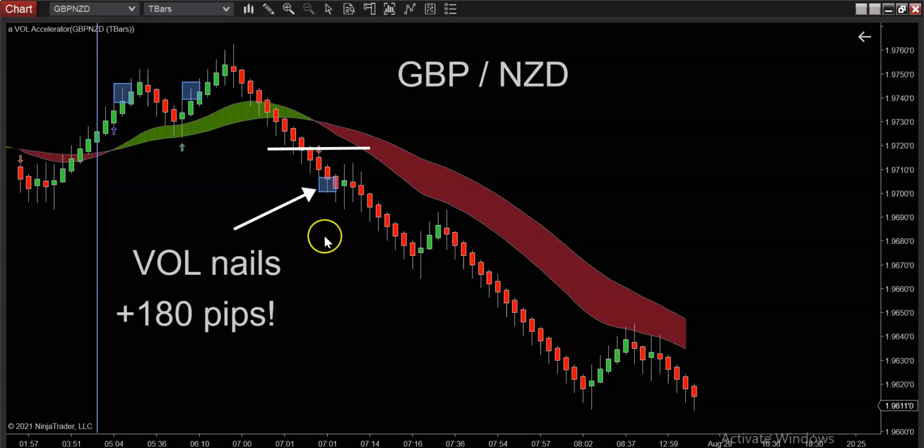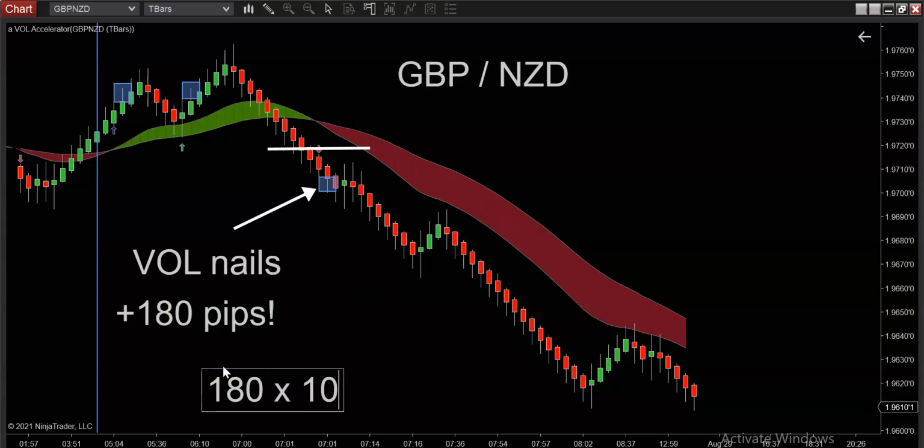But for now, let's just do the quick math on this, especially for those of you guys that may be somewhat new to Forex, or you want to teach yourself a little bit about how the Forex game works, specifically how profit and loss is calculated. Well, it's very simple, folks, all right? You take 180 pips times the pip value, which is $10 a pip, times the number of standard lots you're trading, which I imagine most people out there are trading a bare minimum of 2.